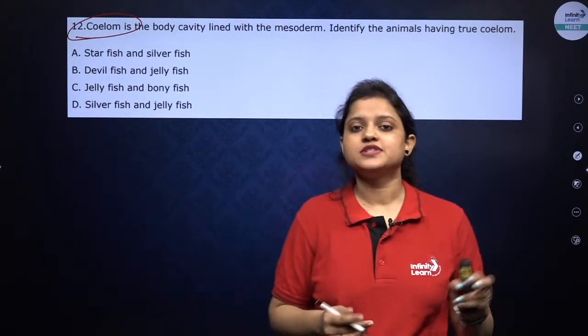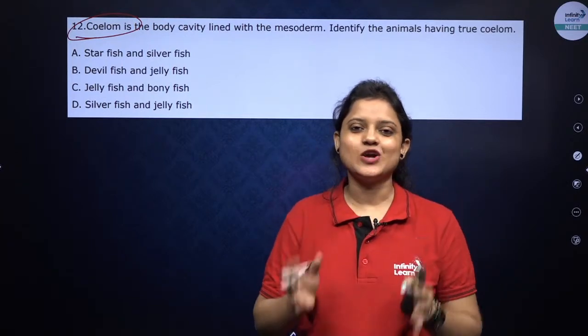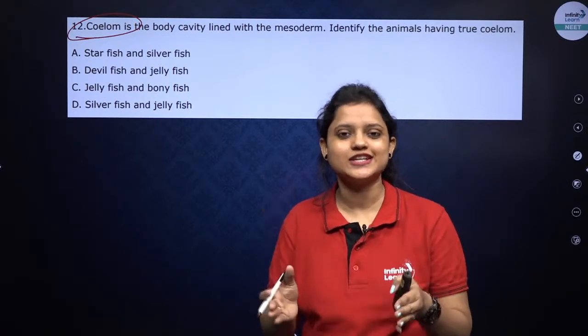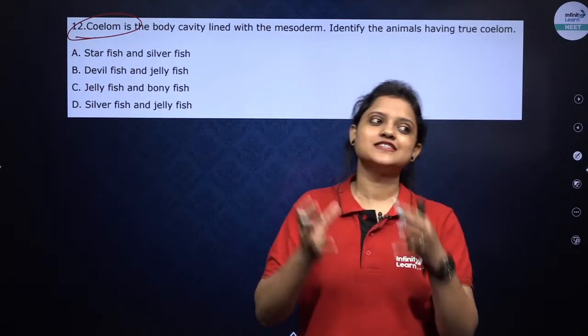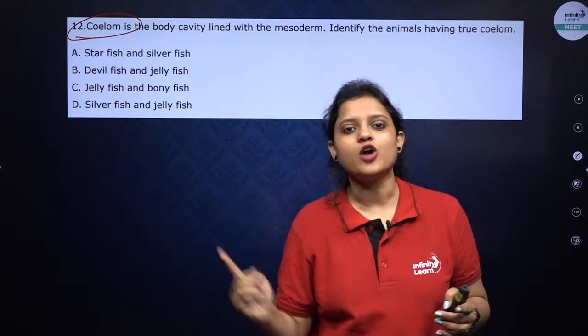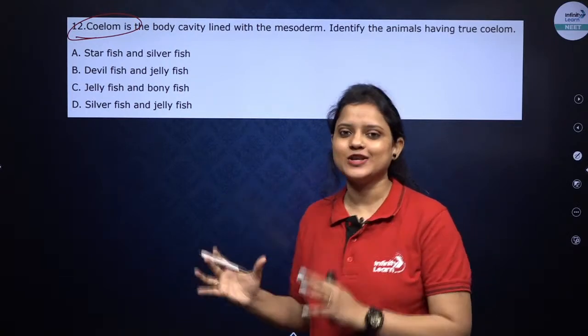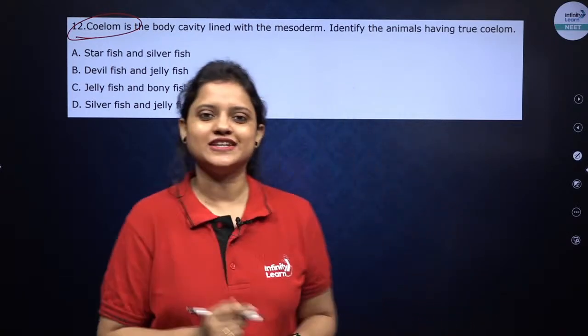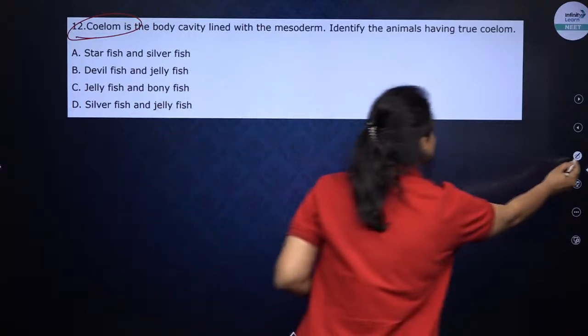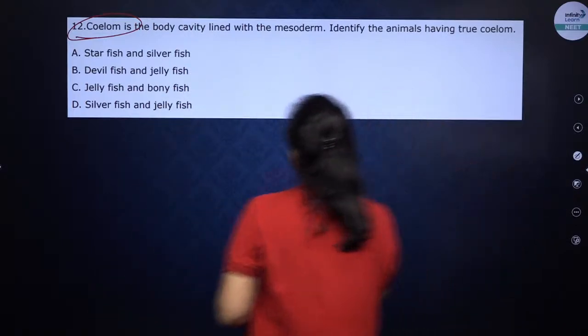And the organisms that have true coelom, hi Rishi, how are you? True coelom, that means they will have a coelom that is lined by mesoderm on all its sides, and those organisms are known as coelomate. I am very happy to see you here, Rishi. Okay, so let's write it down.